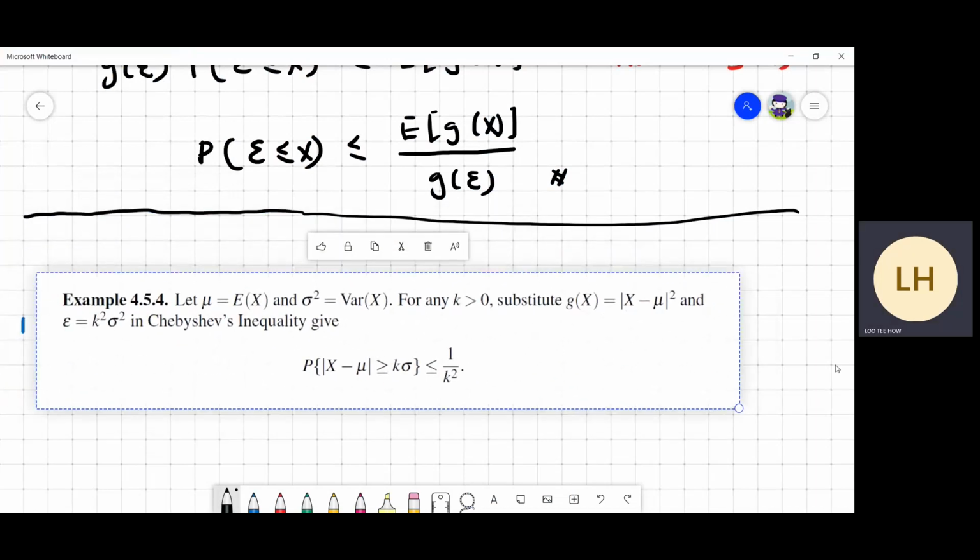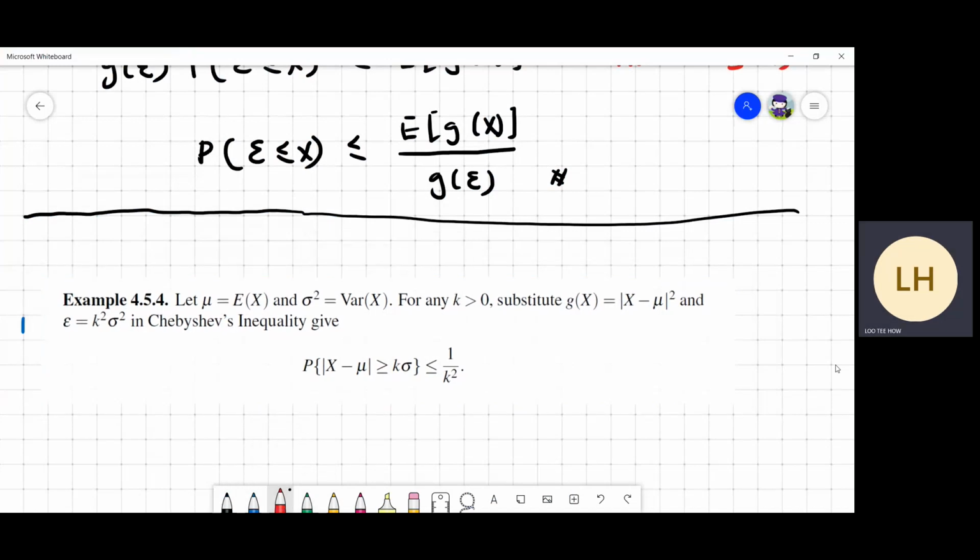Okay, so this is a statement in the example. Please make a correction. Instead of Chebyshev inequality, please change to Markov inequality.